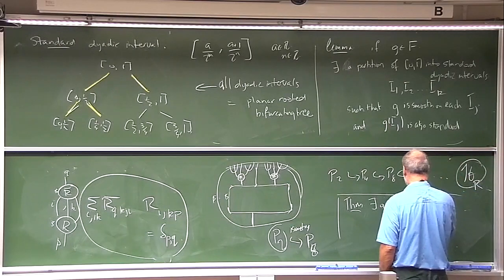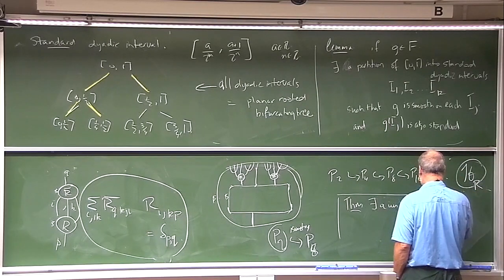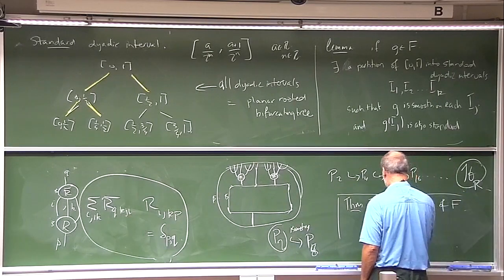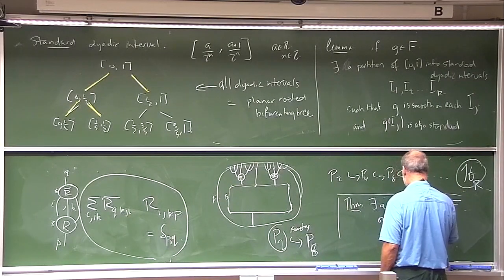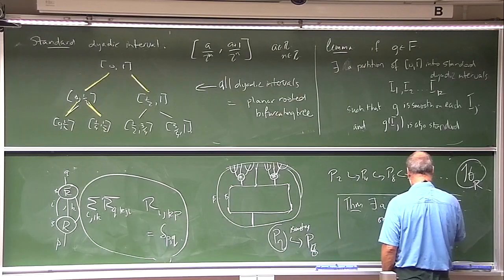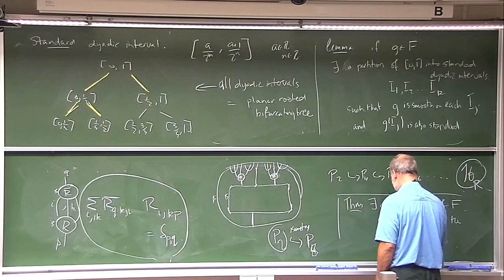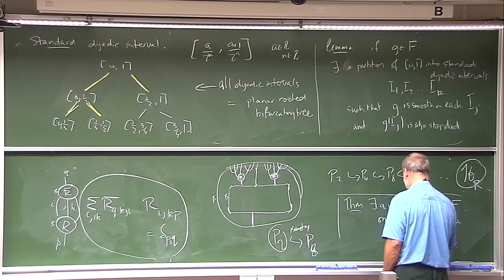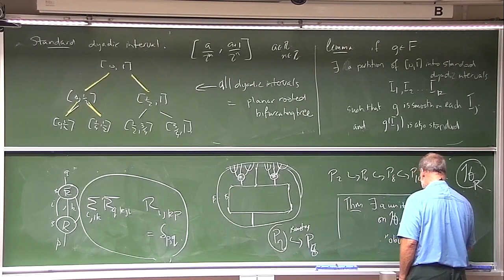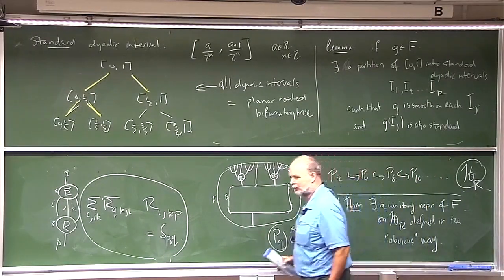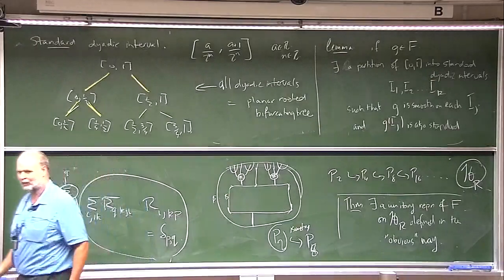There exists a unitary representation of F on H sub R in the obvious way. And the proof of this theorem is to make the obvious way obvious.